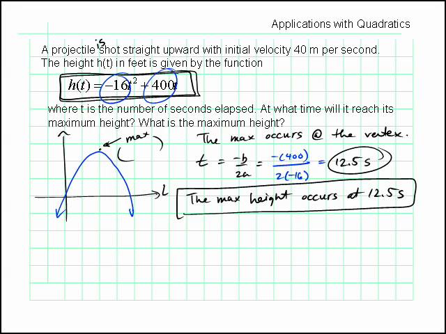In other words, if this is the t-axis and this is the height, the first part of the vertex is 12.5. That's where it occurs. Now, what is the maximum height? Well, all I have to do is plug in the 12.5 into the function. H of 12.5 is negative 16 times 12.5 squared plus 400 times 12.5.